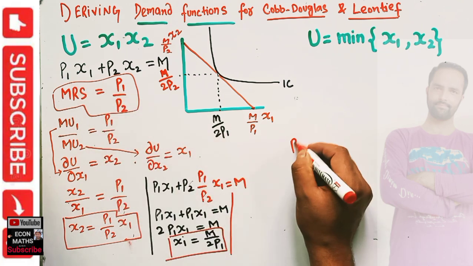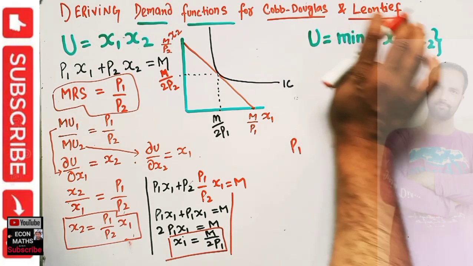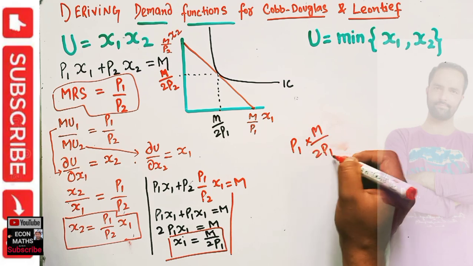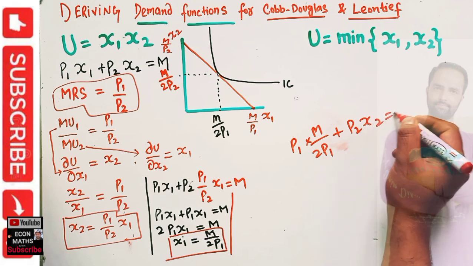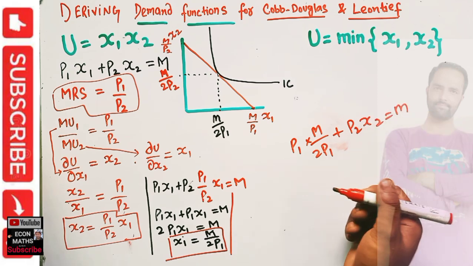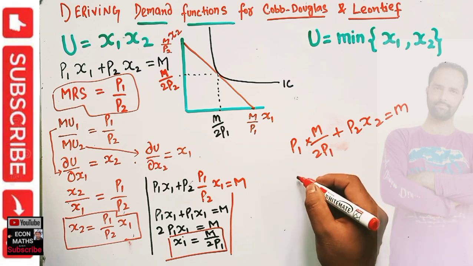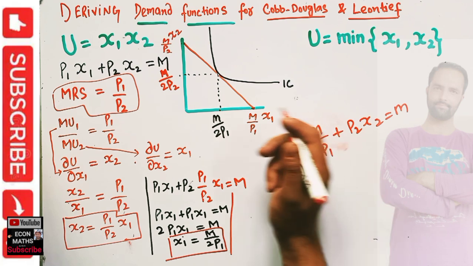So we have p1 times the value of x1, which we got as m upon 2 p1, plus p2 x2 is equal to m. Okay, so we have here m. Sorry, why don't we have m here?